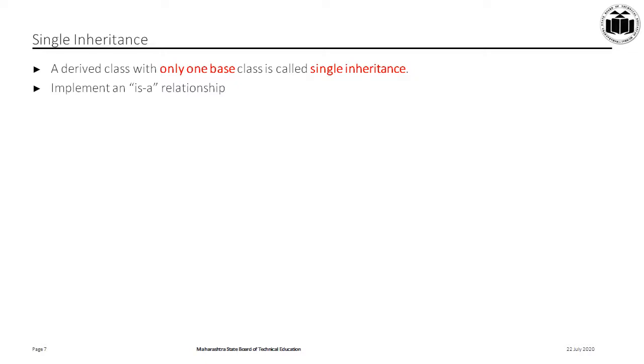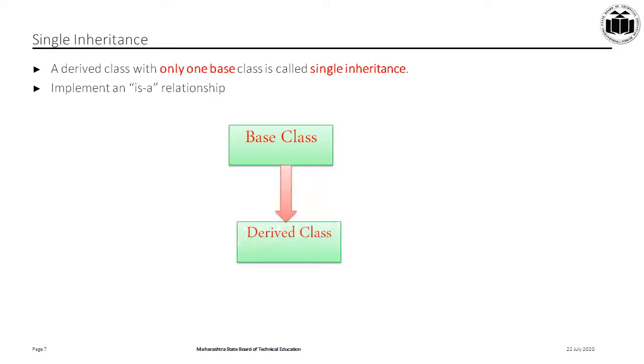Like here, we have one base class, and from this base class, we derive another class, that is the derived class. So here, the derived class can access the properties of the base class. This scenario is single inheritance.